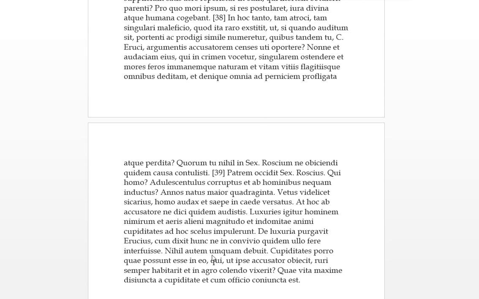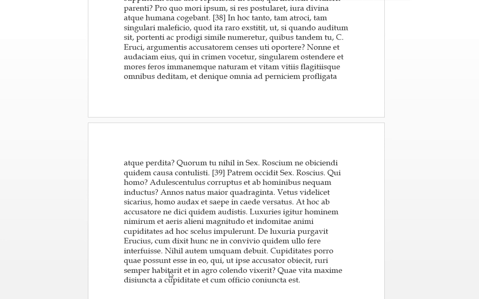Nearly done. Nihil autem umquam debuit. So, moreover, umquam, ever, nothing ever did he debuit, did he owe. So, moreover, he never ever owed anything. Cupiditates, these are luxuries and desires in the plural. Porro. Furthermore, the adverb. Furthermore, the desires, quae possunt, which are able to be in eo, which are able to be in him who, as ipse accusator, as he himself, the accuser, objects, semper always habitavit ruri.